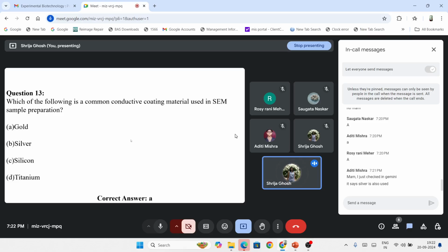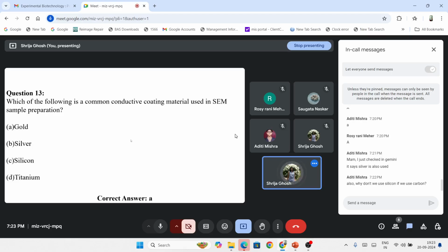They are very less reactive, so we generally go for these metals for doing the coating, so that it doesn't interact with the sample. We don't want any interaction with the sample, we just want a very thin film over the samples, like 5 nanometers or something, so that our samples will become conductive if they are not. Okay, so that is the only purpose. So gold is the most common material that is used for sputter coating.